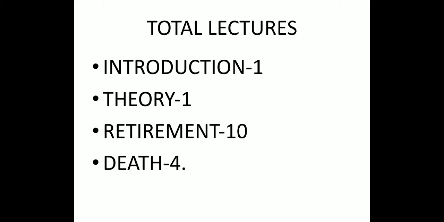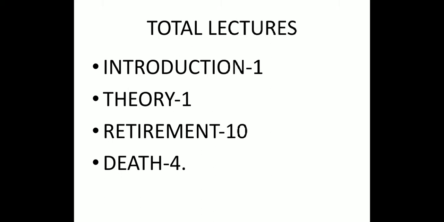Then about the concept of death of a partner, overall there are 4 lectures. The very first of this is theory lecture. Then it is about a short illustration, which was quite simple, of illustration 24. And then we had started with illustration 25, the third lecture of death of a partner. And the fourth and last lecture, the previous lecture to current lecture, we have finished illustration 25 about the executor's loan account.